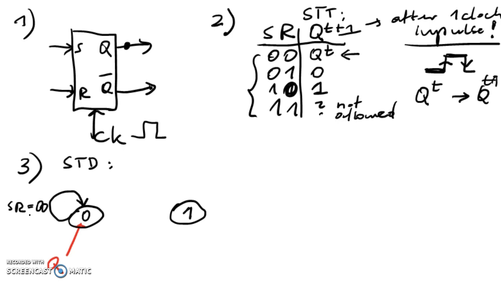The first bit on the left will be S, and the second on the right hand side R, and the same is true for state 1. 0, 0 is here as well, because if you have the current state Q of t equal to 1, you will have the same state after the clock.